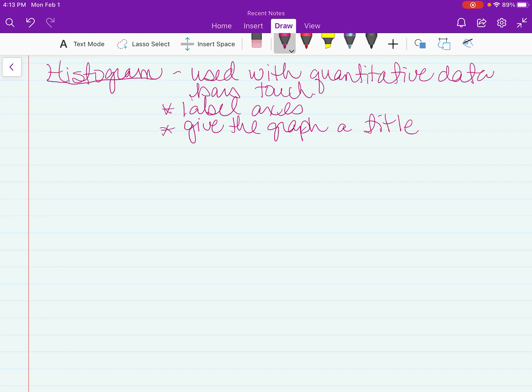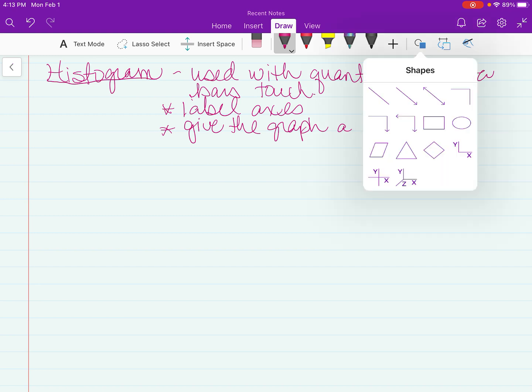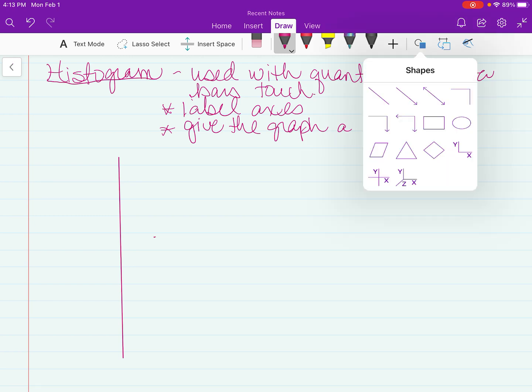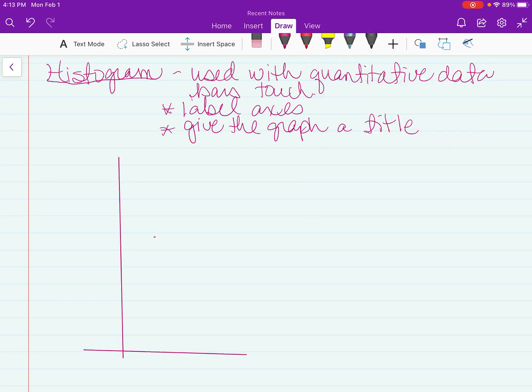So we want to make a histogram. And we're actually going to do two different ones. I'm going to do a frequency histogram, and then I'm going to do a relative frequency histogram.